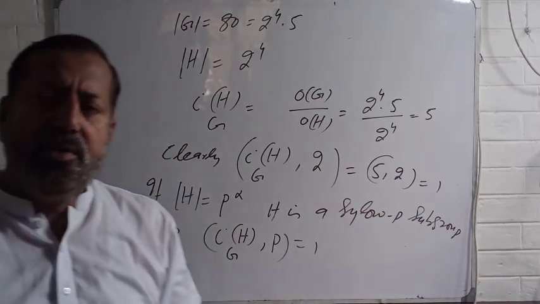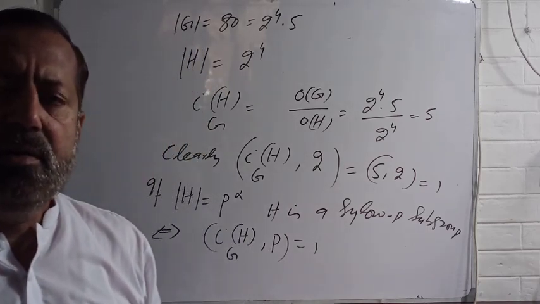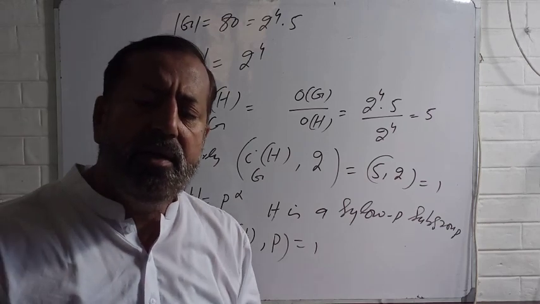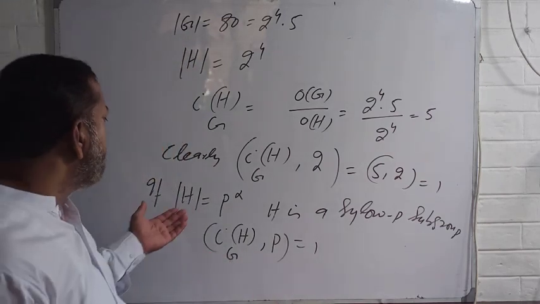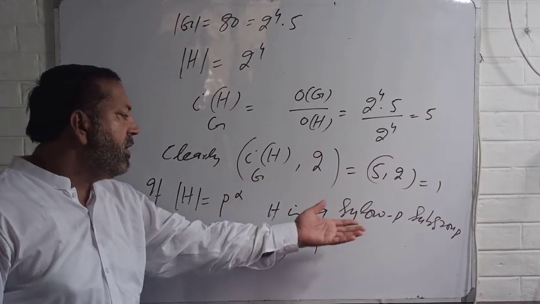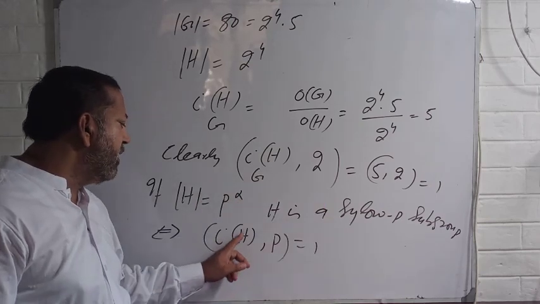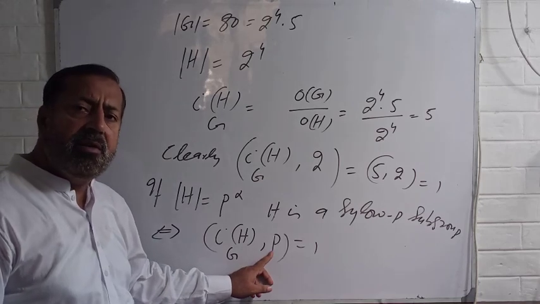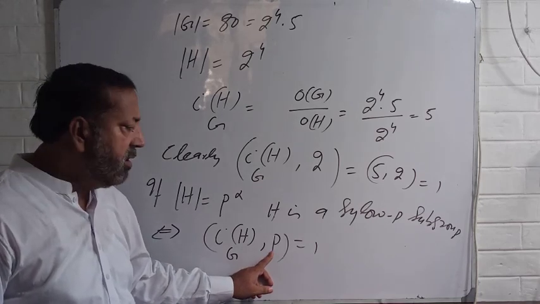Right? So this is another definition. We have an alternative definition that any subgroup H of order p power alpha is a Sylow-p subgroup if and only if the index of H in G with that prime number is 1.